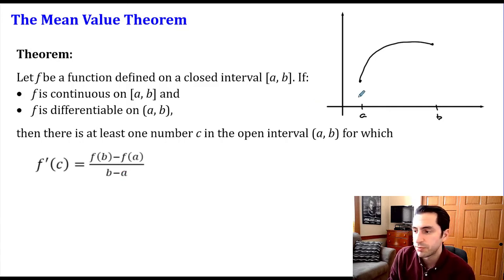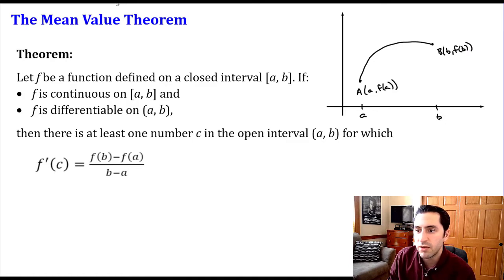So in my picture, I'm going to label these points. I'm going to label this first one as capital A. The x value is a, and the y value is f of a. And then my second point, I'll label this one as capital B, x value of b, and then the y value is f of b.